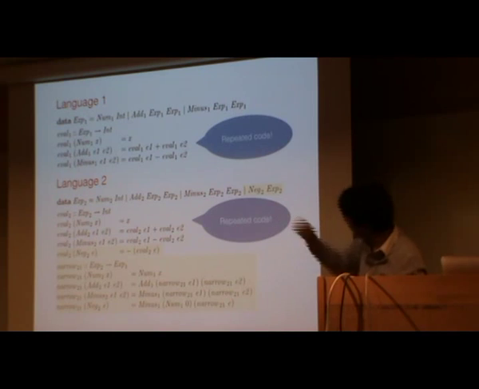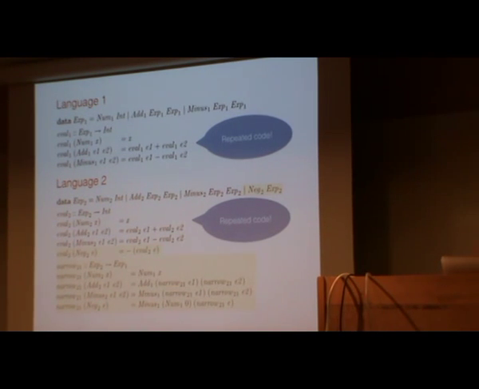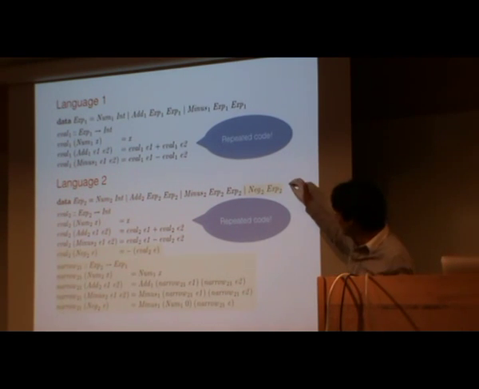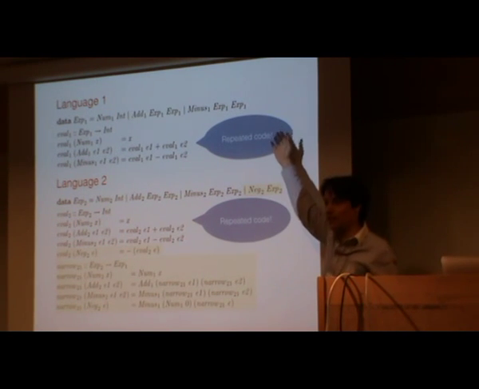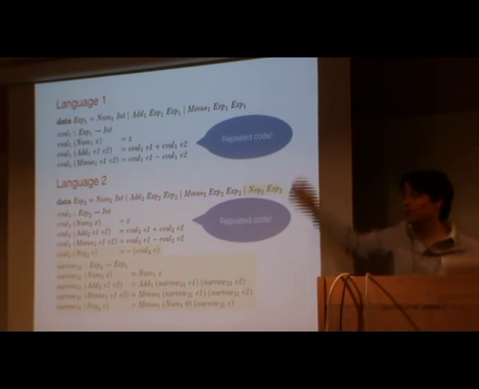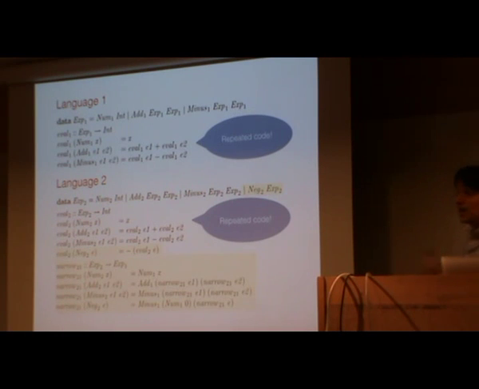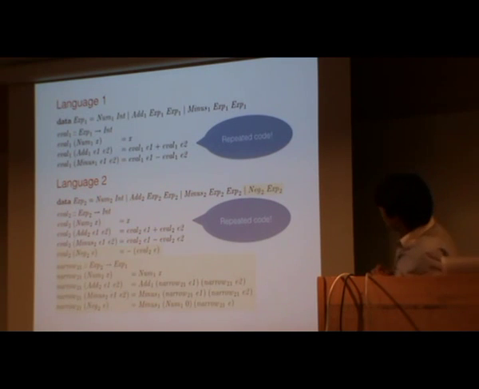And the second language, the only addition is that it has negative numbers. You could view negative numbers as being syntactic sugar that could be expressed just in terms of those. This is a situation that you find often in a compiler. You might have a source language, and you might need to desugar some language constructs into some other language constructs.